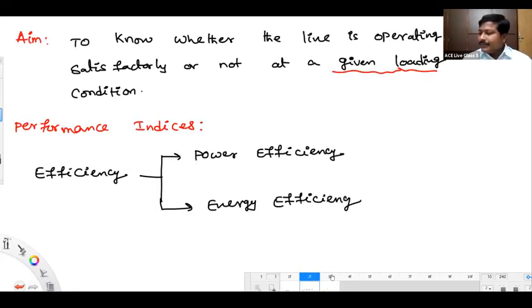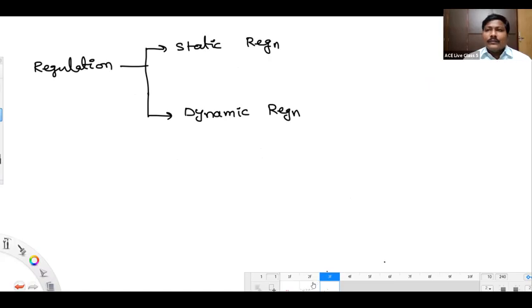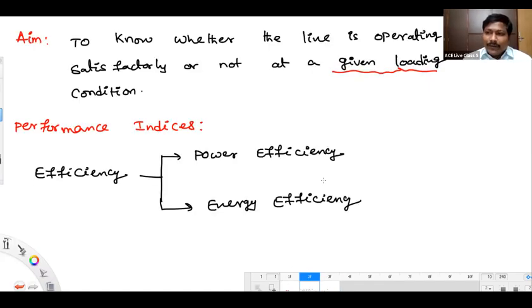Next thing, listen, please. Among these two, power efficiency and energy efficiency, energy efficiency will be used for the distribution transformers most of the times, like you might have studied all-day efficiency.